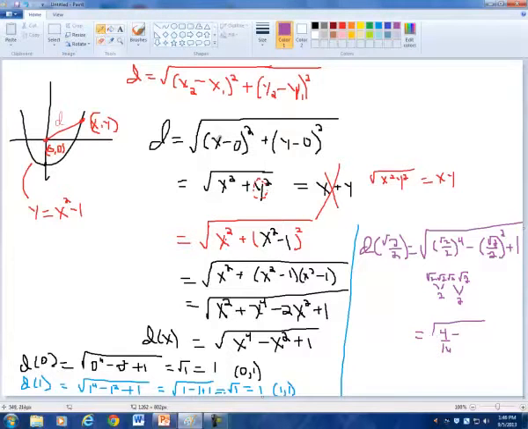And so this will be 2 over 2 squared, that's 4, plus 1. Well, we need a common denominator here, so we need to go ahead and multiply 4 over 4 here, and this will be 16 over 16, so that we can get our common denominator.